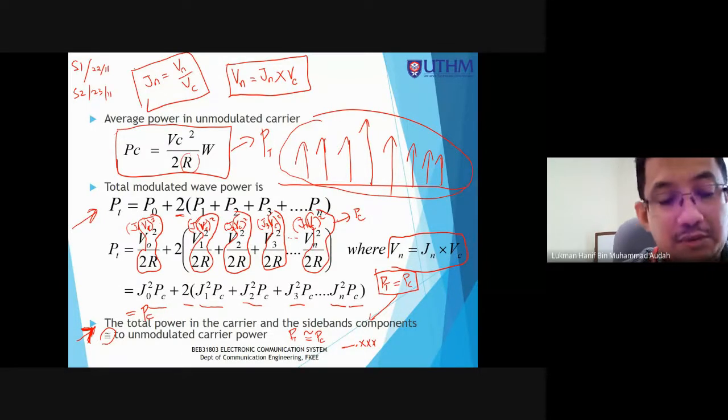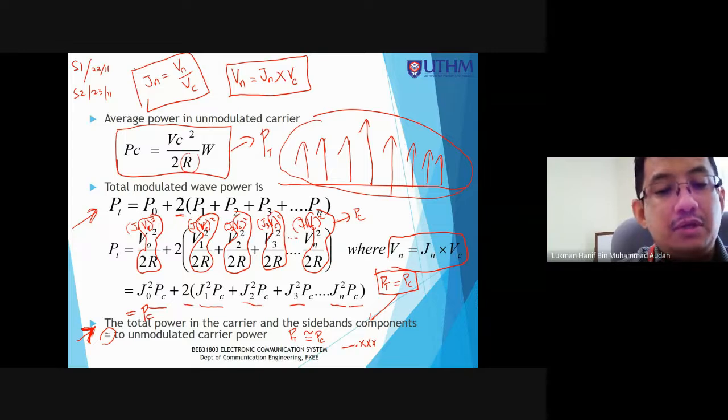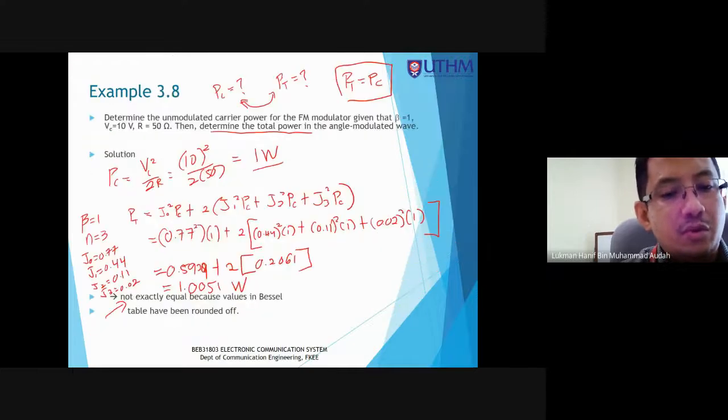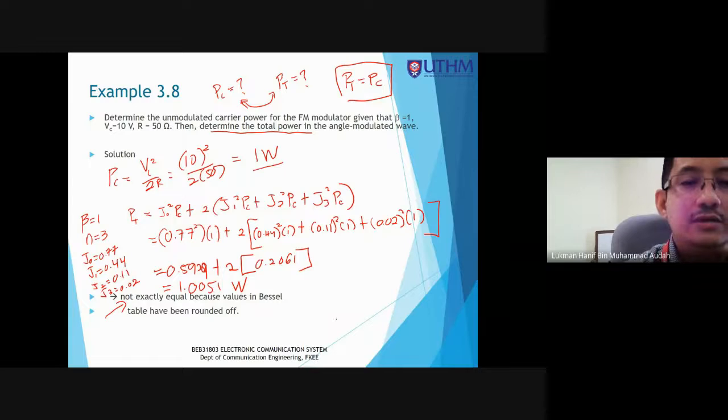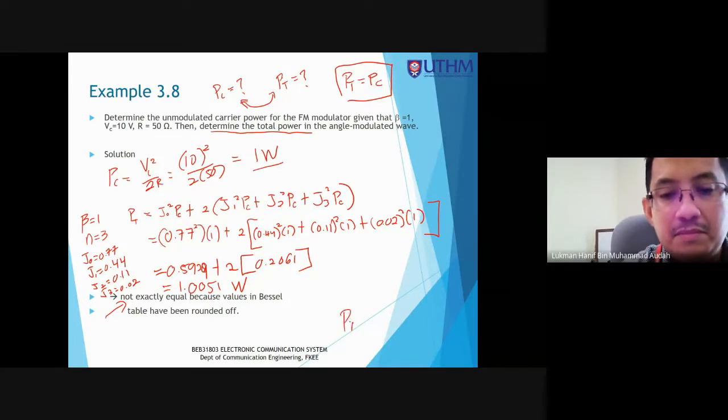But why is it approximately equal? Because of the Bessel table. The Bessel table has rounded off the value less than 0.01. That's it. So if you ask me, saya ulang, is it possible, can I, if in the exam I calculate the total power to be equal to PC?